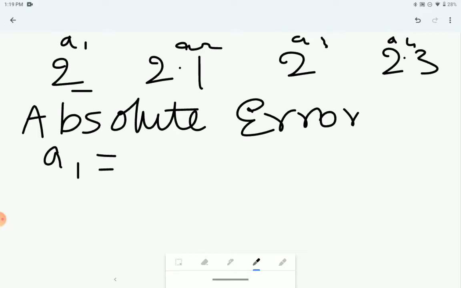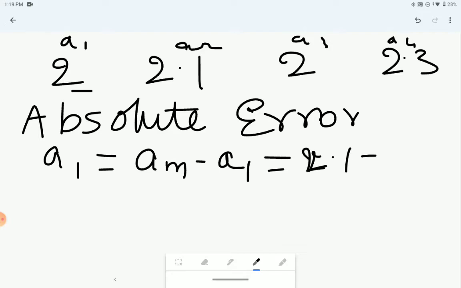What is the error that we obtained? It was given by the true value minus the measured value. That is, the true value came out to be 2.1 seconds, right? 2.1 minus 2, as in the first time we got about 2, results in 0.1, right? The absolute error of the first term comes out to be 0.1 seconds.